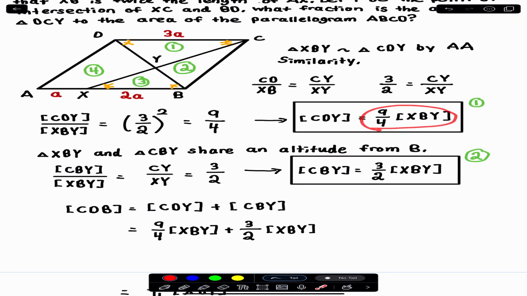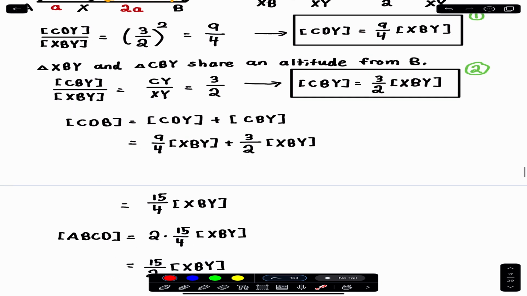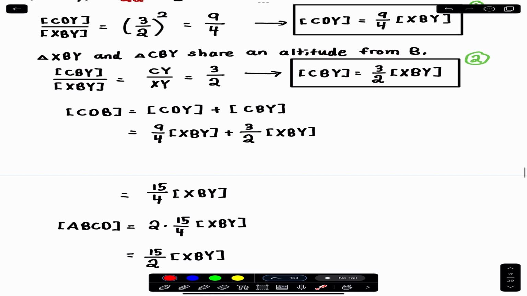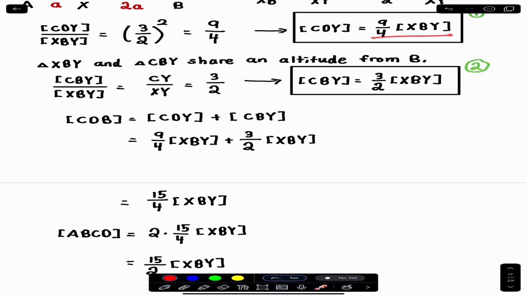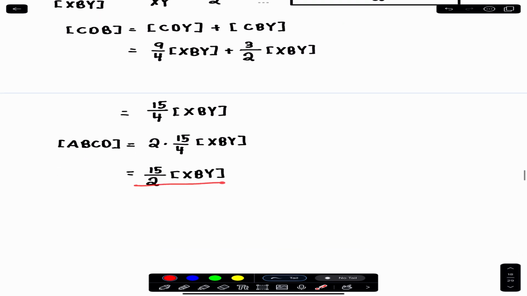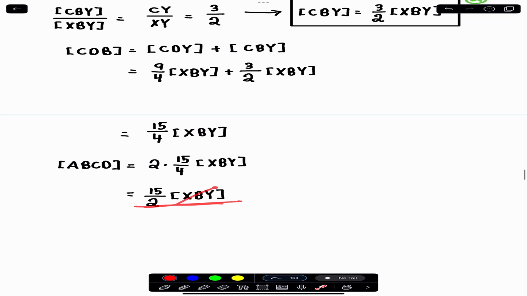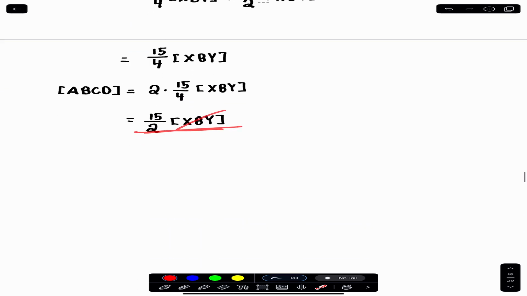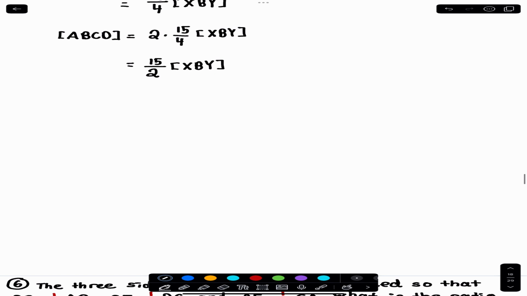We found that it is this. So if we notice, if we take the ratio of these two, we have something in terms of XBY and we have another thing in terms of XBY. So then those two are actually going to go away. So we want to find the fraction.